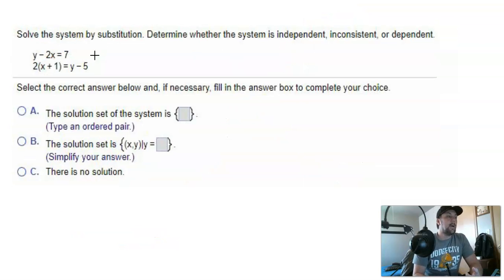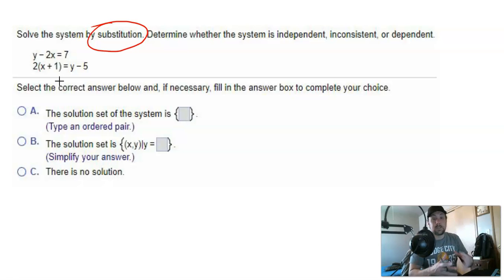All right. Let's take a look at this system of equations. Here we're being asked not to solve it by graphing, but to solve it by substitution method. This problem is going to be one of our special cases.